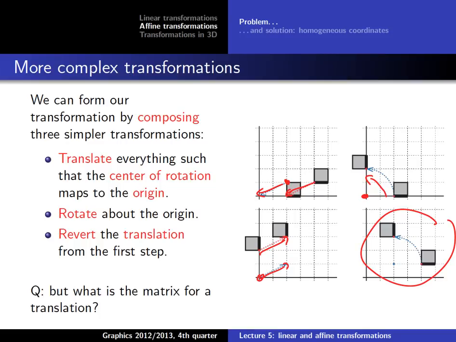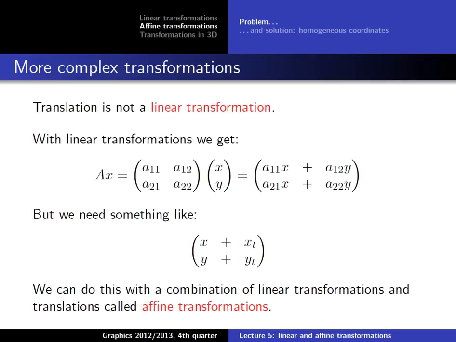The only problem here is we don't know yet how to do a translation. And the big problem is, of course, we cannot do a translation with a linear transformation. Because if you look at what you get with a linear transformation, you will always get something that depends on the variable values here. The only way the first one doesn't depend on the y value is if we set this to 0, but then we just have a scalar multiple of x, so we do not add something.